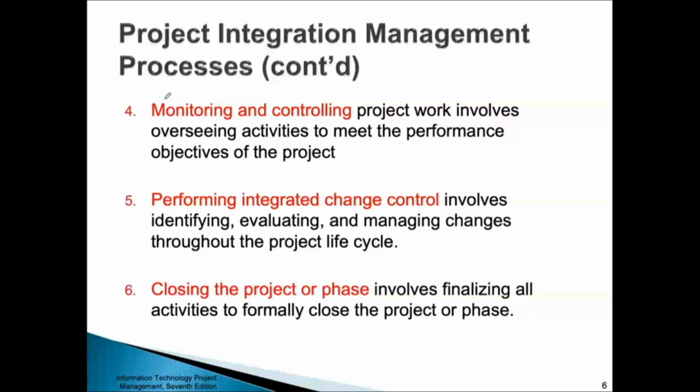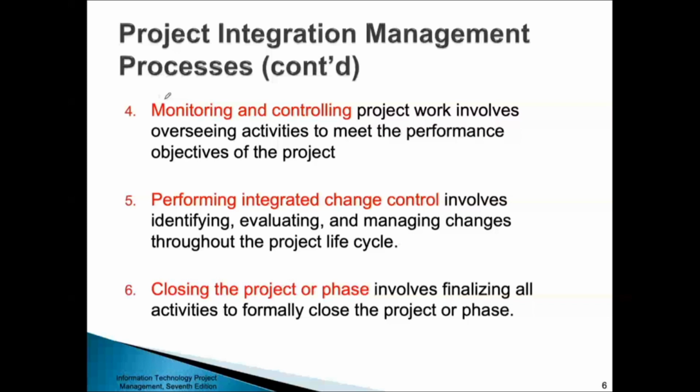And at the end, closing the project or phase, as we mentioned earlier, you need to ensure that the product or the end outcome is delivered, and the project is closed properly. That means all the sign-offs have been done, and all the documentation is done with the lessons learned, and all the documents have to be submitted to the stakeholders.